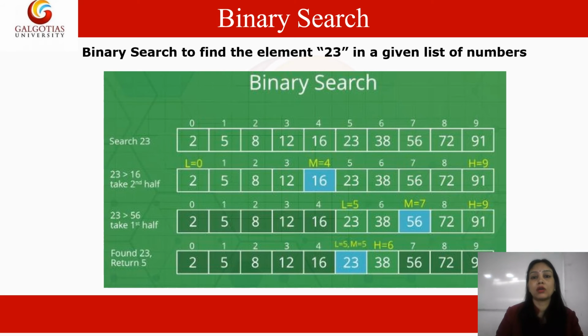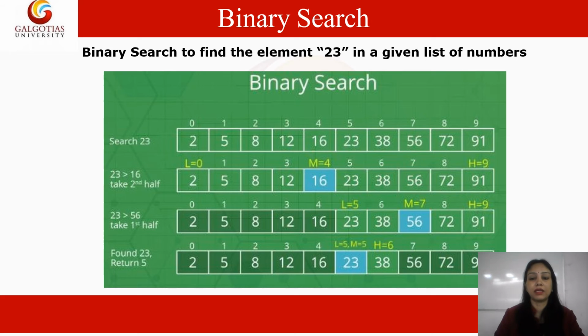So automatically your time will be halved. There's no need to search the whole list. If you search only half of the list, you are able to find that particular element. So here, as 23 is greater than 16, we search in the second half of the list.